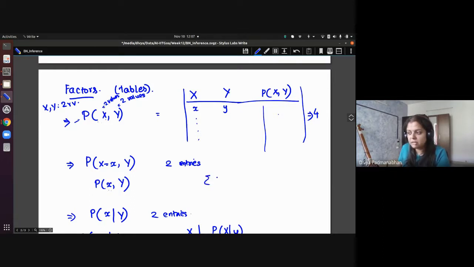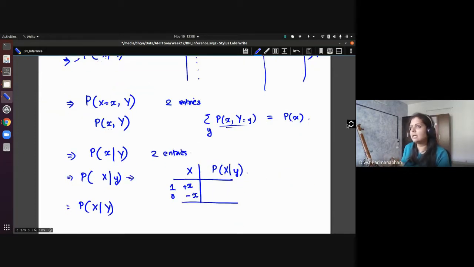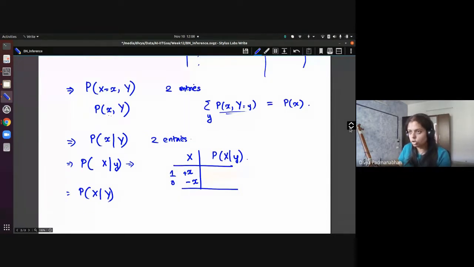More specifically, summing P of x and the values of y just gives P of x. So it's not necessary that all factors sum to 1. These tables are the building blocks, and you will do some operations on them to evaluate your query.